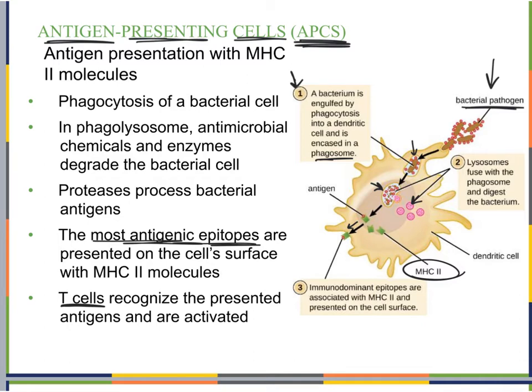So in this case, basically this dendritic cell or phagocytic cell is going to take the bad guy, break it up into pieces, and say, okay, I need to alert the rest of the body. I need to tell the rest of the immune system what this bad guy looks like, what this bacteria looks like. So we're going to take the things that most look like this pathogen, and we're going to hold it up really high.